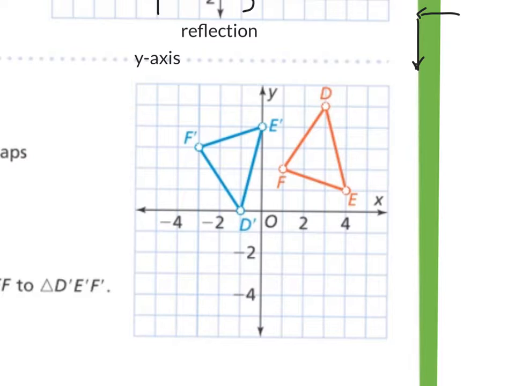So if we think about this, to get D at the bottom, we would want to do a reflection across the x-axis. So E is 1 above the x-axis, let's go 1 below. F is 2 above, let's go 2 below. And D is 5 above, so we'll go 5 below.